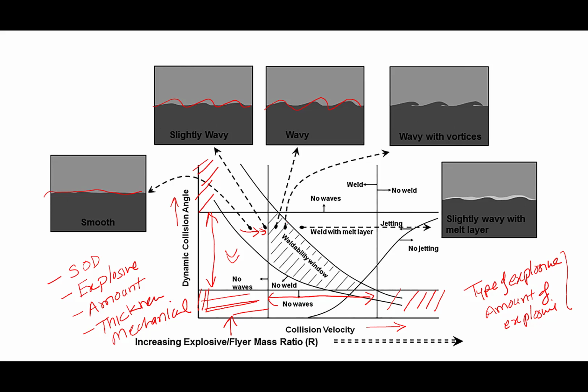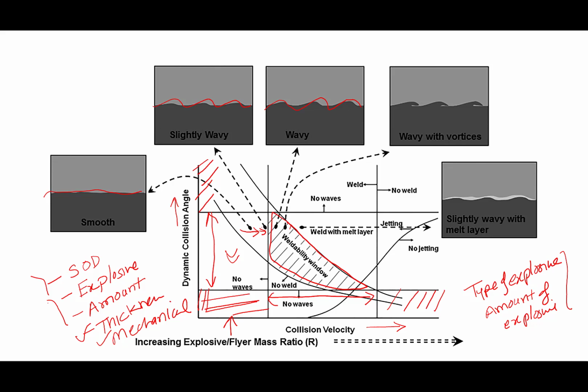And that is why this is the optimum window for explosion welding, for a somewhat wider range of the collision velocity and some range of the collision angle. It is very difficult to find out the values of these velocities and collision angles, because these are dependent on the section thickness, mechanical properties, amount and type of explosive, and standoff distance.